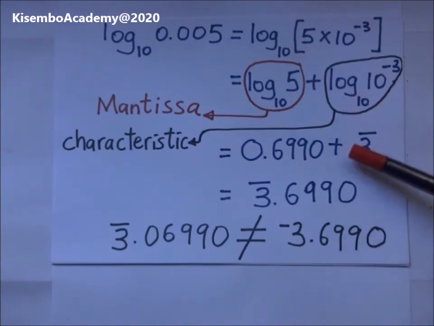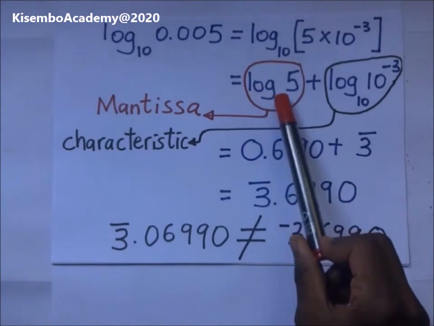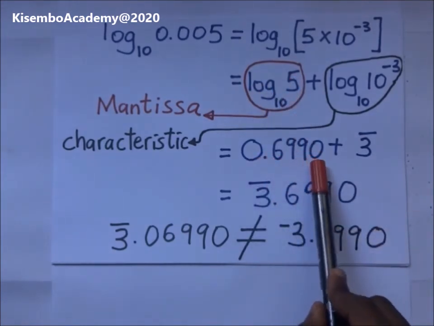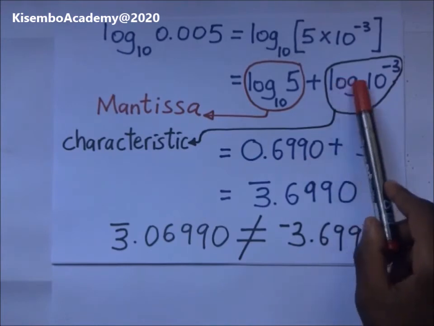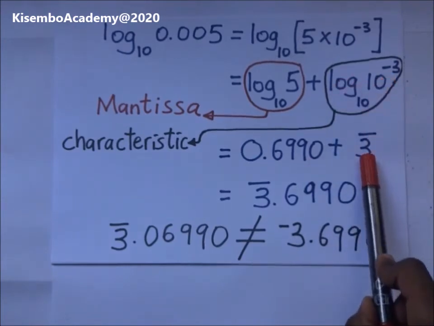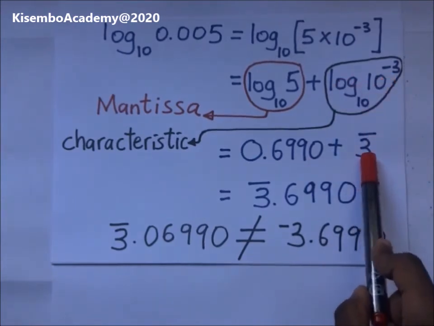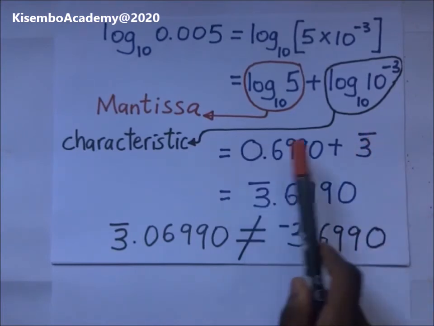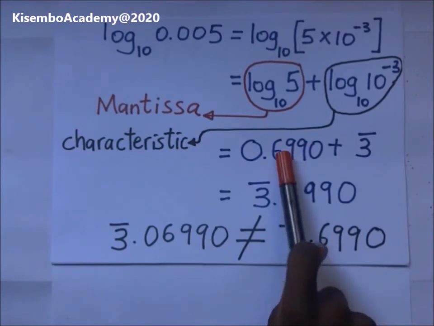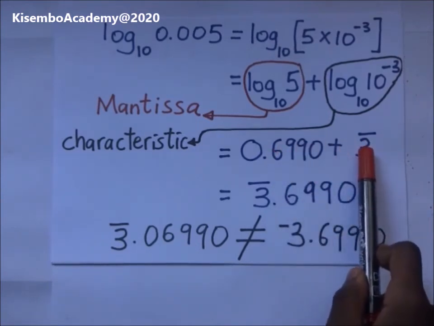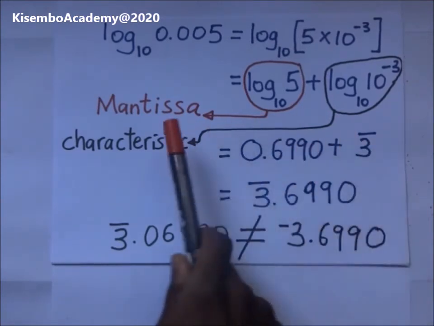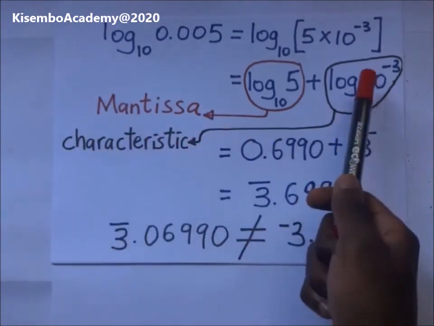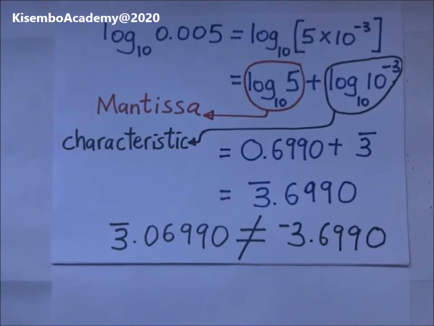So, when you find the log of 5 in your tables, it is 0.6990. And definitely this is going to remain as negative 3. But we treat it as 3 bar, not negative 3, because when we add this to that, as far as logs are concerned, we are going to add the Mantissa separately, and the negative characteristic will be added separately.